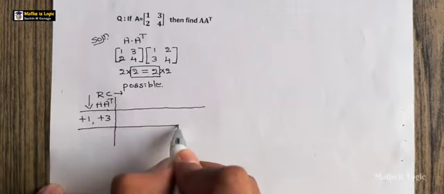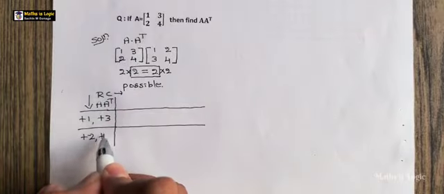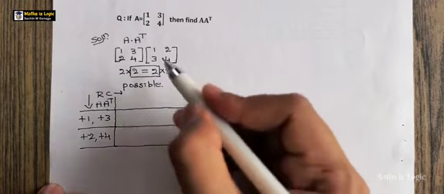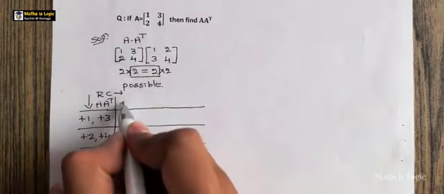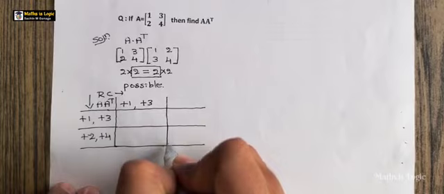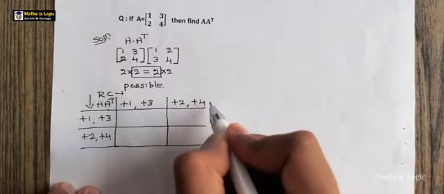Next second row 2 4, plus 2 plus 4. Next first column plus 1 plus 3. Second column plus 2 plus 4.